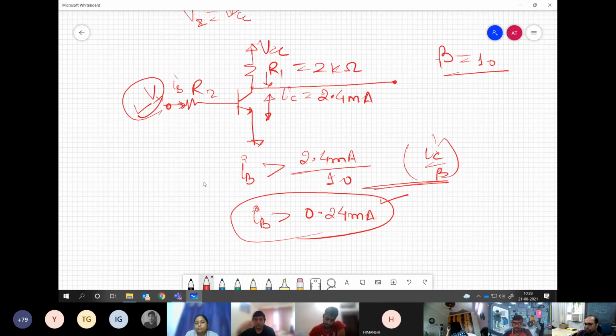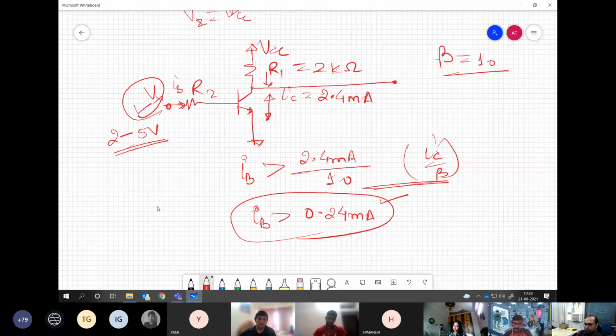Now another unknown factor is what is this voltage Vx? What we should assume? There is a range because we are talking about saturation, whenever this voltage is high, 2 to 5 volts. This is the range for high voltage. So what should be the Vx for which we can decide R2? 2.